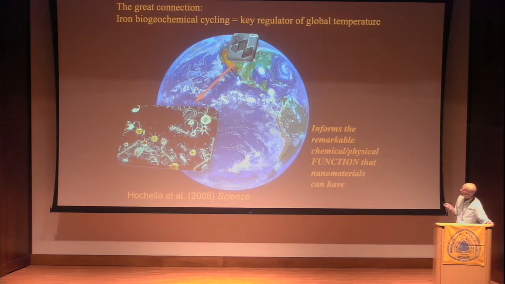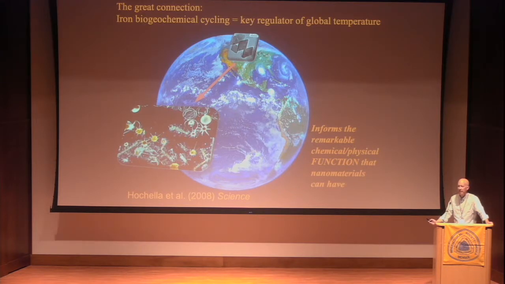The iron is a limiting nutrient of phytoplankton. Phytoplankton produce more oxygen for our atmosphere and consume more CO2 from our atmosphere than anything else on the planet, including all land plants. The population of these things is therefore very important, and their population depends on their source of iron. That's the most limiting nutrient they have in the ocean.